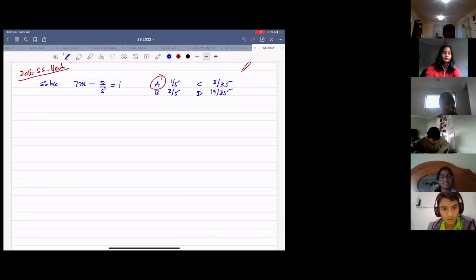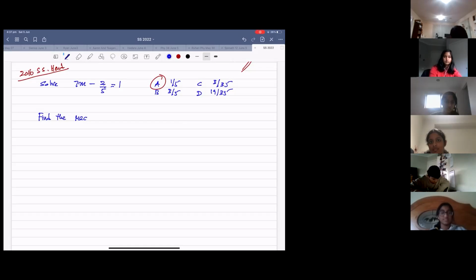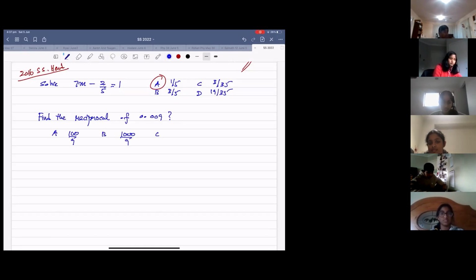Next one. Find the reciprocal of 0.009. This is a word that we have to learn. A, 100 divided by 9; B, 1000 divided by 9; C, 9 divided by 1000; D, 9 divided by 100.